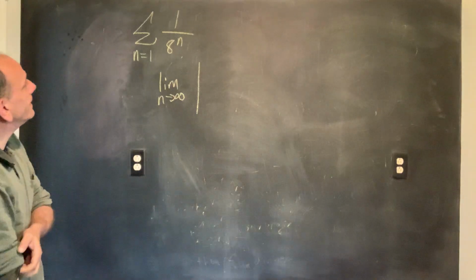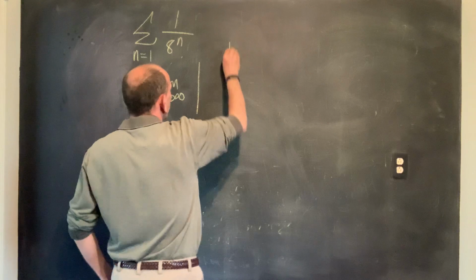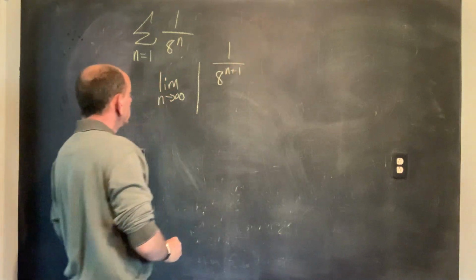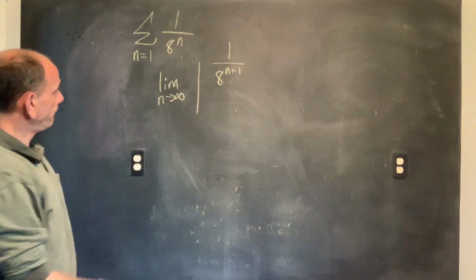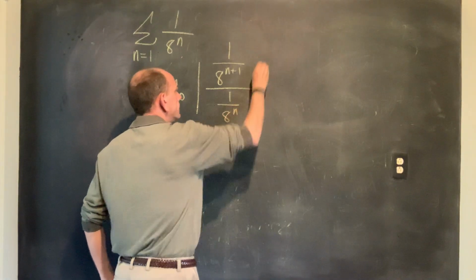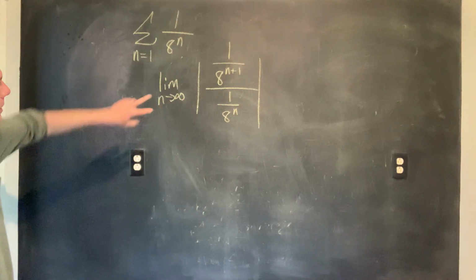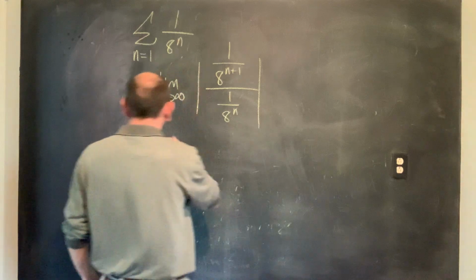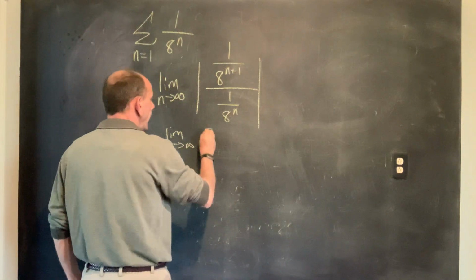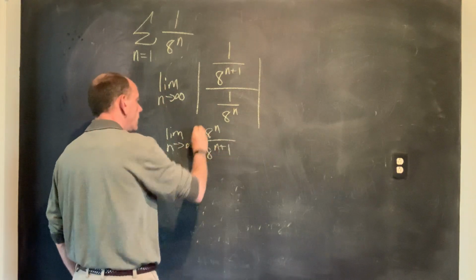I need the n plus 1th term, so 1 over 8 to the n plus 1, and plug in n plus 1 for n. And then 1 over 8 to the n. Sweet, that one comes up. I've got limit as n goes to infinity of 8 to the n over 8 to the n plus 1.